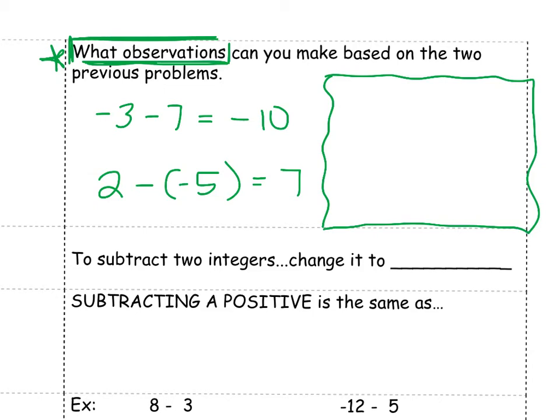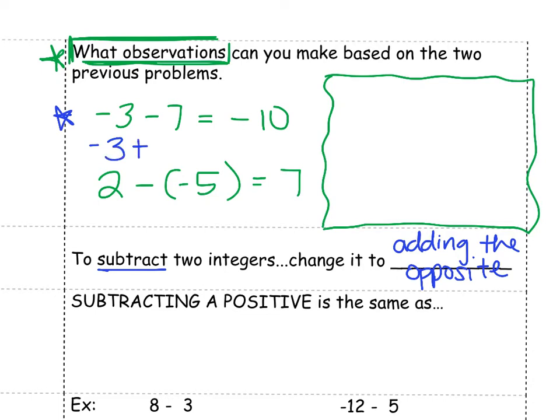So here's what I would like you to notice, is that when we are going to subtract two integers, we can really think of it as adding the opposite. So if we look back up at this first problem, negative 3 minus 7, we could have thought of it as negative 3 plus a negative 7.